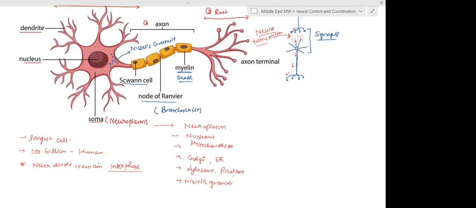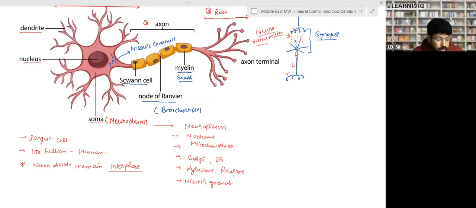Sir, can you please read once from neuron is the longest cell of the body? Actually, I got disconnected. Yeah, sure. Neuron is the longest cell of the body. Full stop. The human neural system has approximately 100 billion neurons.